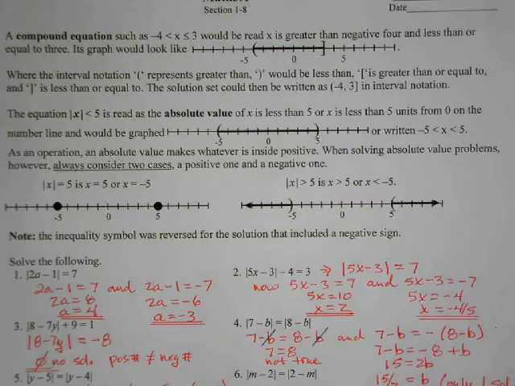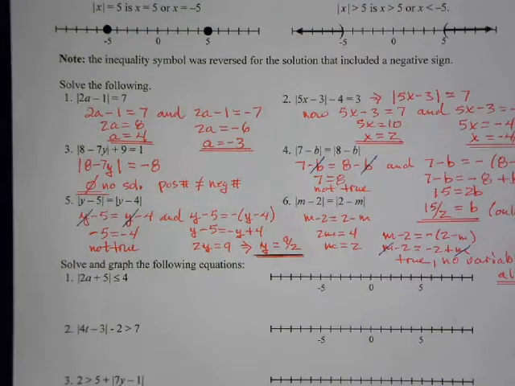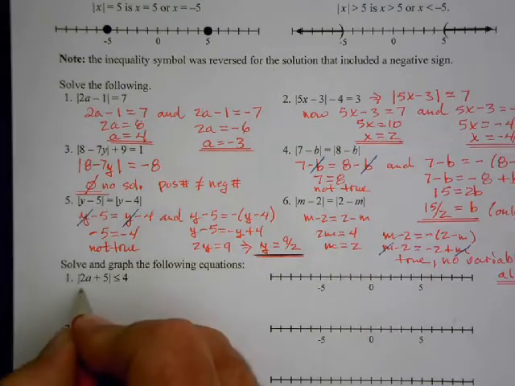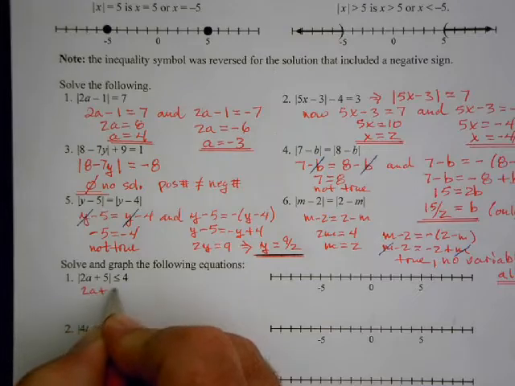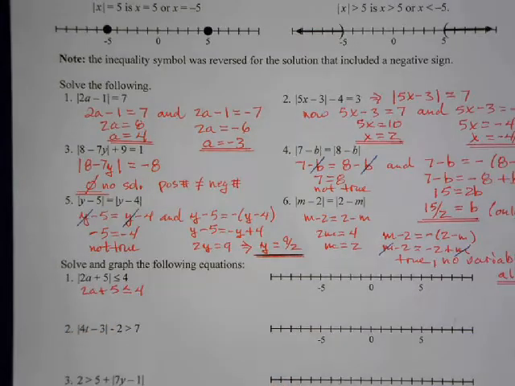So, let us take a look. Even though I have the absolute value, which will give me two different possibilities, now I'm also bringing in the less than symbol. So a little bit different here. First, the positive case, and then the negative case.